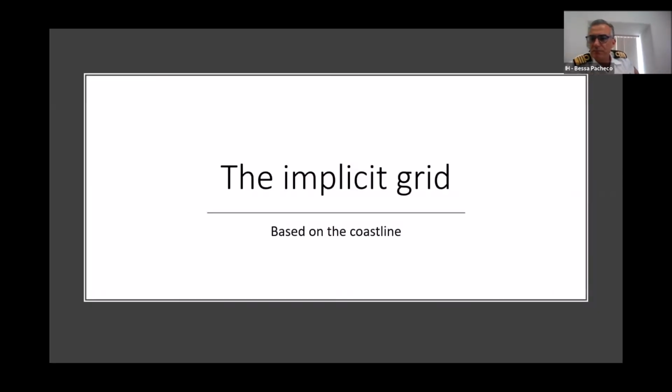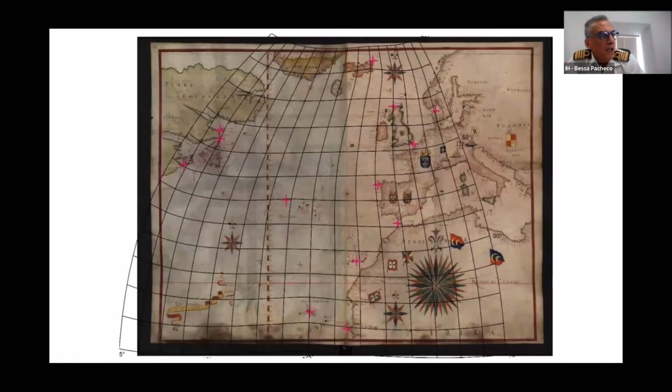It's just artificial. Then I was looking at the implicit grids on the latitude charts. And what I noticed when I was doing my first experiments on this is that actually there were some meridian convergences. I was expecting some, but I was not sure.